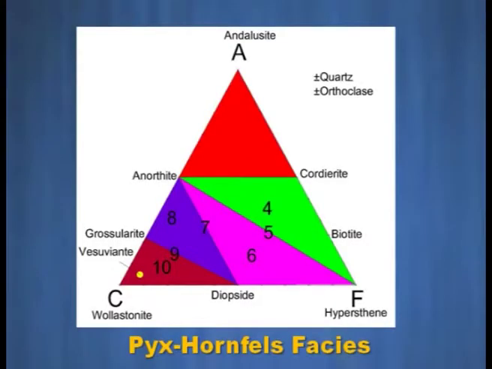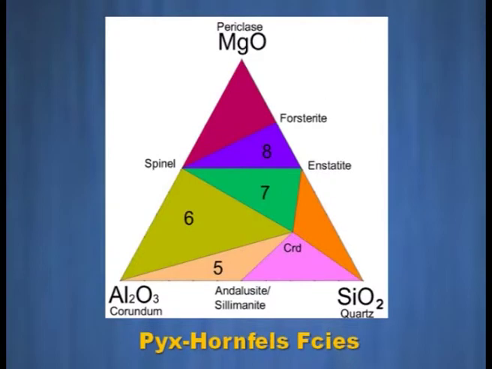In the pyroxene hornfels facies, Goldschmidt recognized 10 principal assemblages. See the figure on the screen, ACF and Al2O3, MgO, SiO2 diagrams.